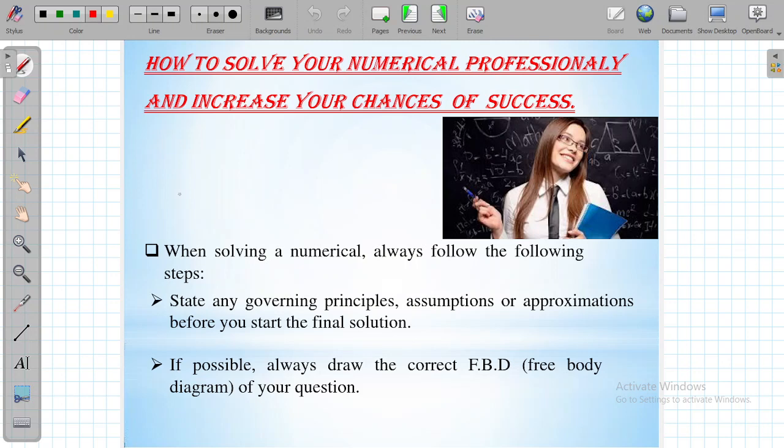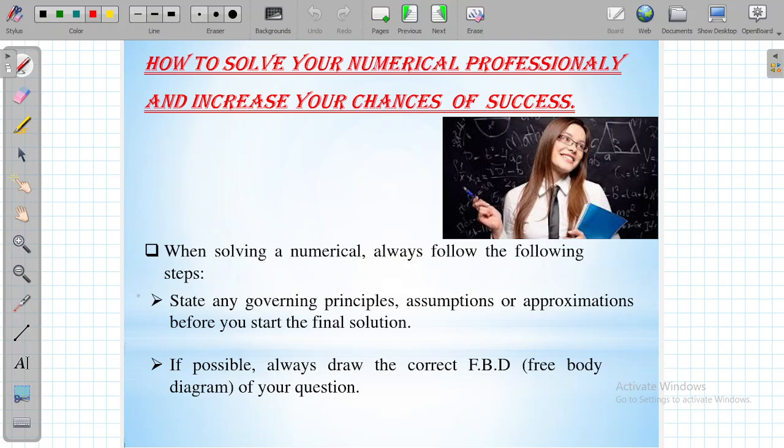Numericals as a whole are very important, because whether it's a science paper or an engineering paper, numericals always enjoy a greater percentage of the whole paper.